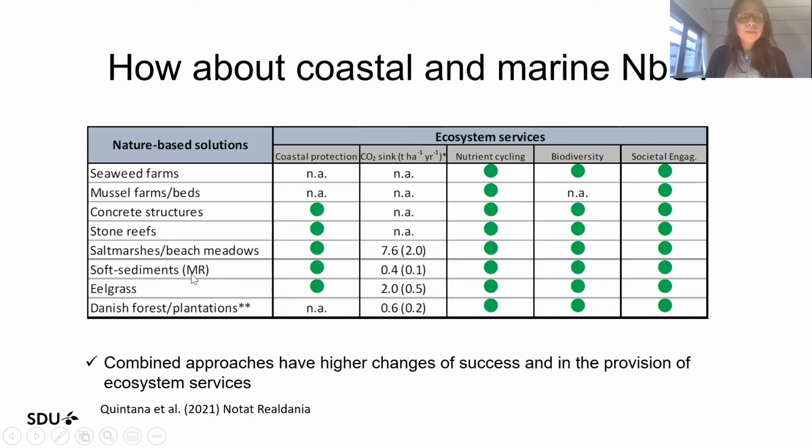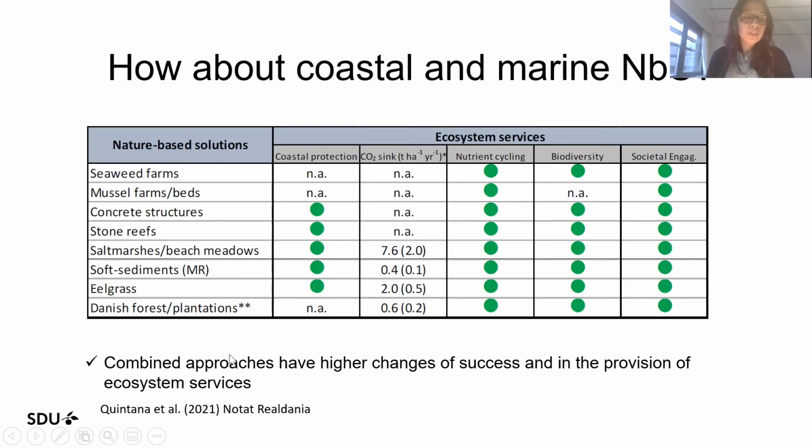In soft sediments, here is managed realignment. I mean, we can also have some sort of CO2 sink, but we can also combine managed realignment with salt marshes. Often when we do a literature review, salt marshes are associated with managed realignment.